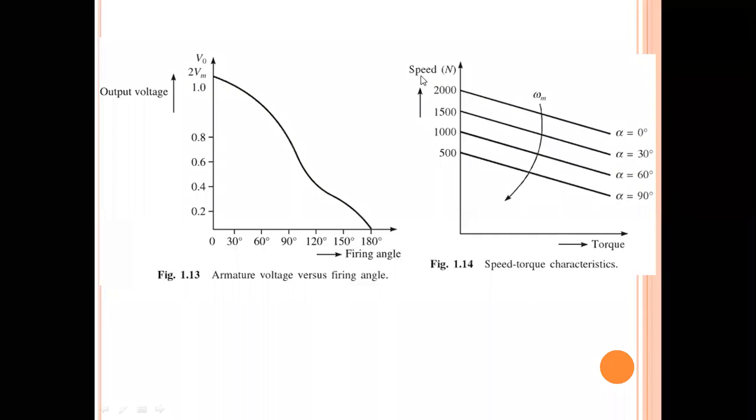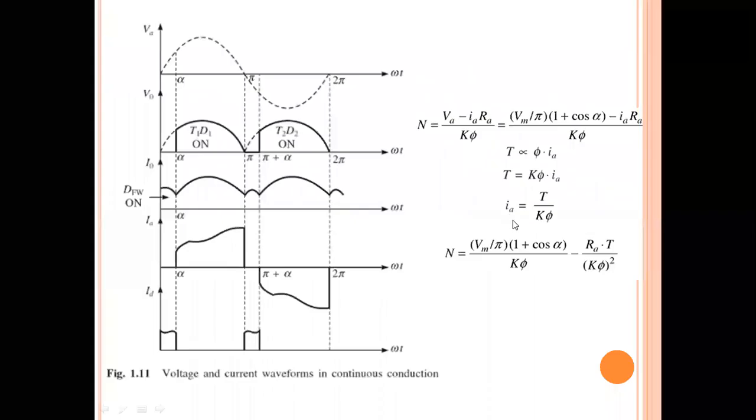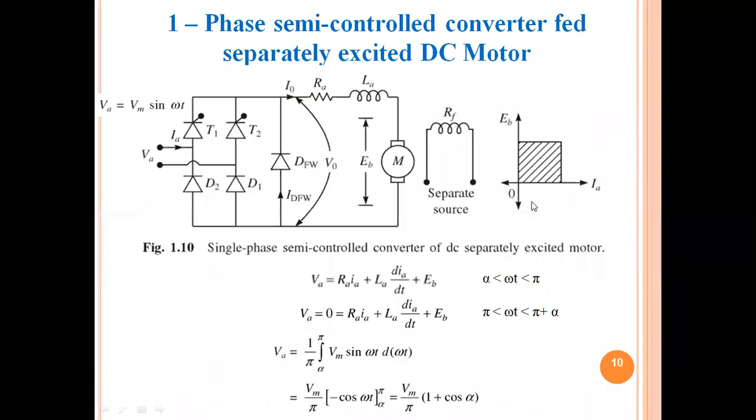This is how we can regulate speed and torque by regulating the firing angle. So this is our 6th point, speed torque characteristics. Our 5th point is the speed torque relationship derivation, and the remaining we have already covered. This is how we can regulate the separately excited DC motor with the help of a semi-controlled converter.